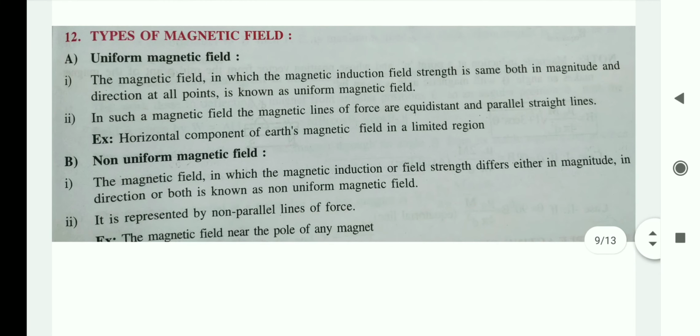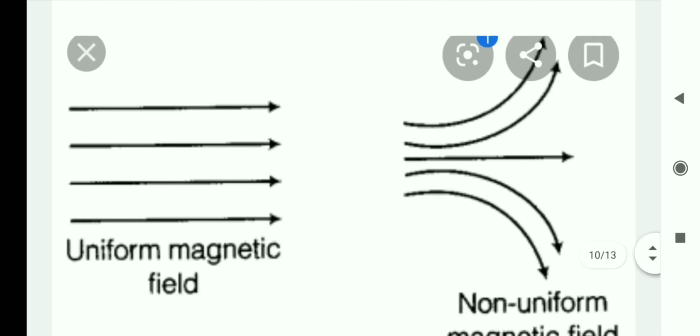Suppose at different points the magnetic field intensities are different, then we can say non-uniform magnetic field. That means if you release a unit north pole in that space, at different points it will experience different forces. For example, in the right side diagram, initially the lines are crowded and as they move towards the right, the lines move away, so the field is decreasing.